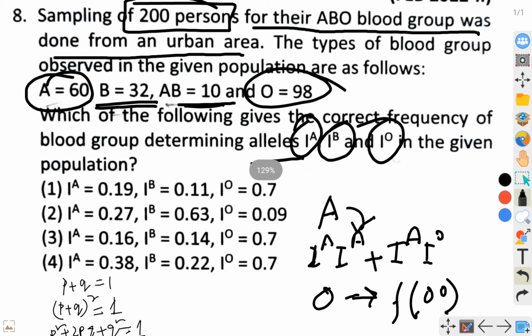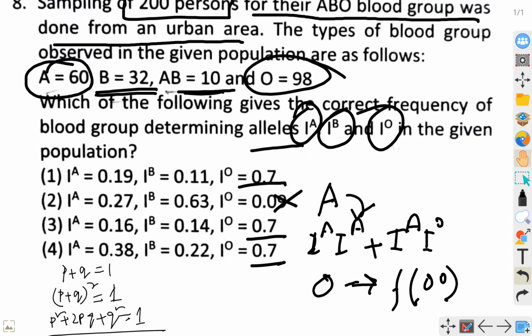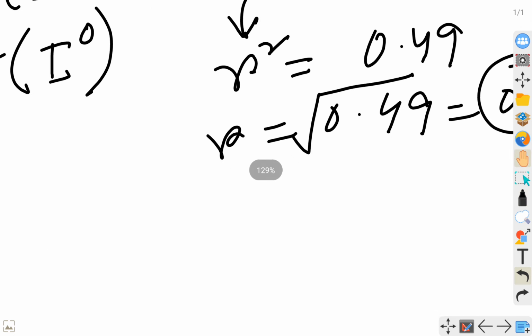Now go back to the question. You can see that the first option has the allelic frequency 0.7, third has 0.7, and fourth has 0.7. So we will just eliminate option 2. Now we have to further calculate the allelic frequency of IA and IB. So let's do that part.